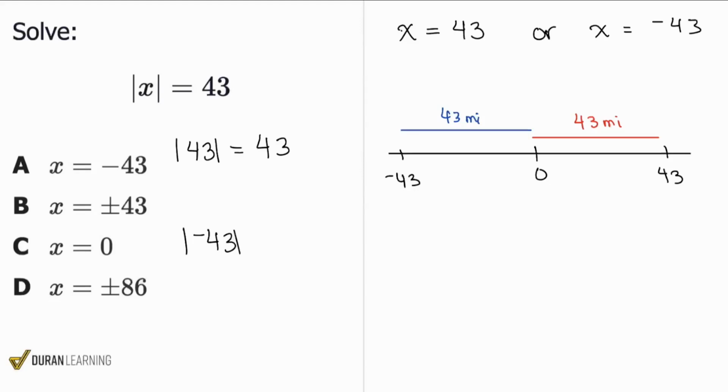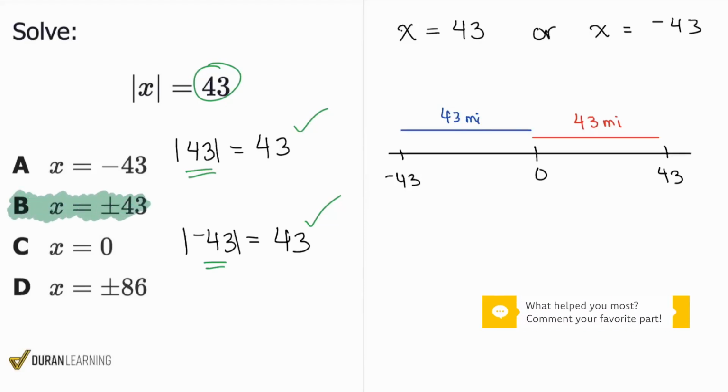Absolute value means take the negative away. So here, take the negative away, booyah, and there you go. So you can clearly see that we get the proper correct answer with a positive 43 or negative 43, and that's why the correct answer is answer choice B, because both positive and negative 43 work to get the correct answer.